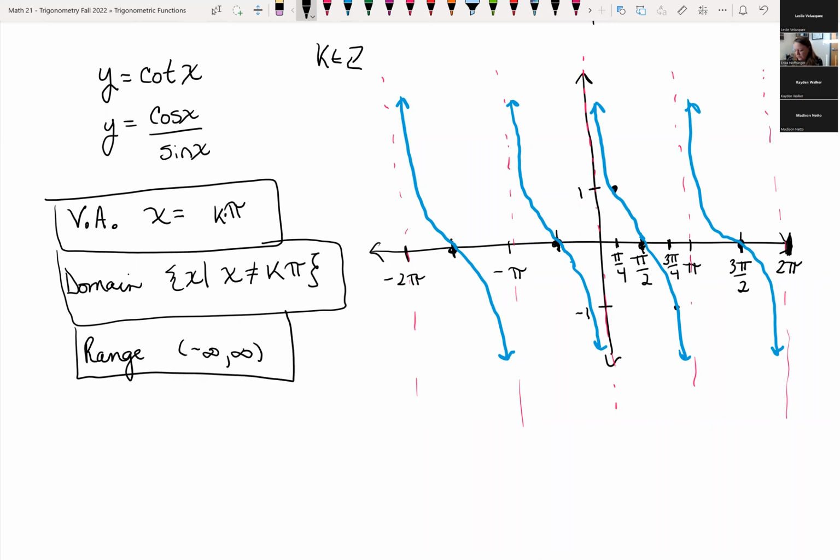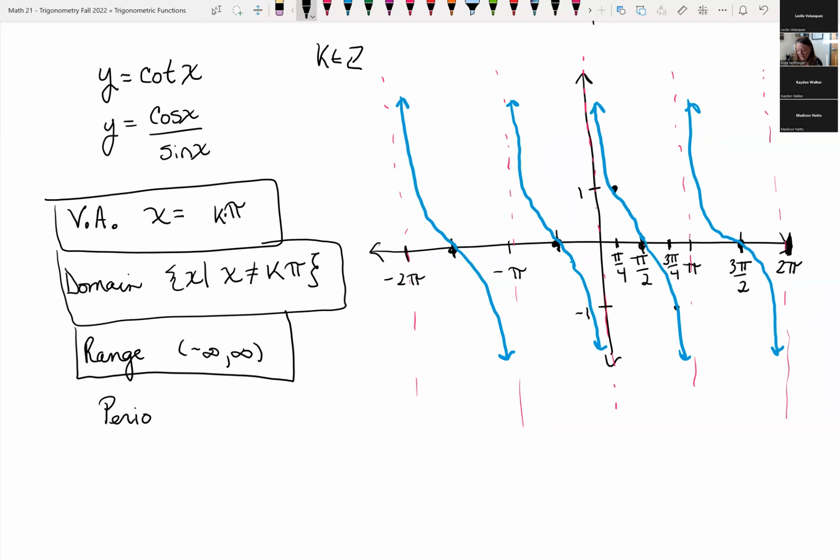So those are important features of that cotangent of x graph. And again, cotangent and tangent, I mentioned this in another video, do not have amplitude. Only ones that have amplitude are the sine function and cosine function. And one other thing in here is the period, knowing the period of these.